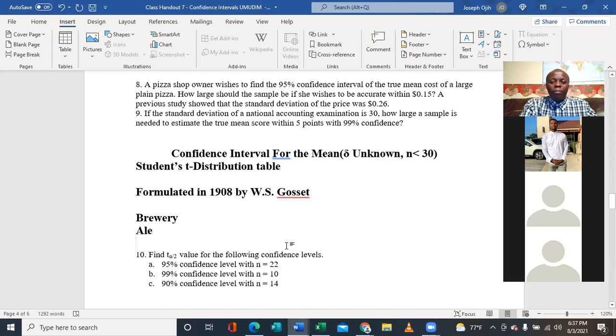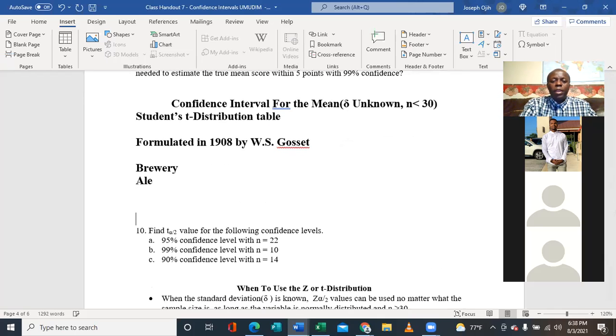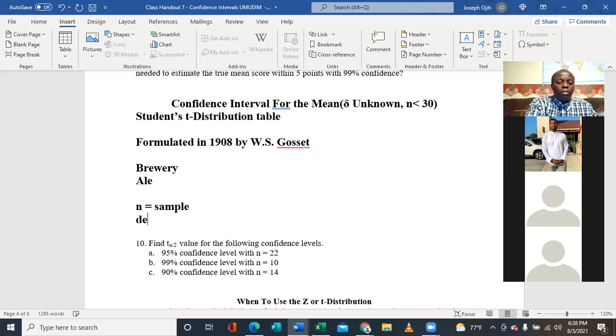Now, remember, we use it when the sample size is small and we don't know the value of the population standard deviation. It is based on two things: the sample size n, and what we call the degrees of freedom, also called DF.